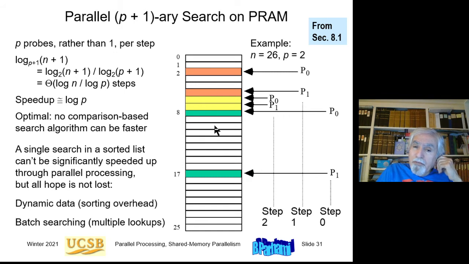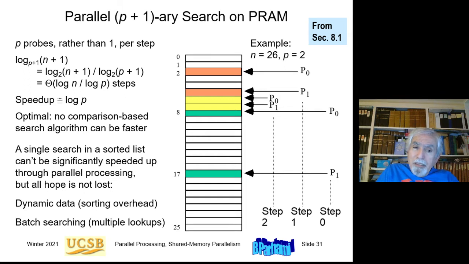And that sorting overhead becomes significant. And therefore, parallel processing can help greatly in speeding up that sorting part, and therefore achieve a greater overall speed up for the search problem, which includes the sorting part, in the case of a dynamic list.